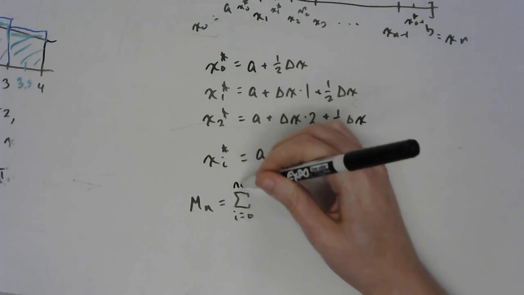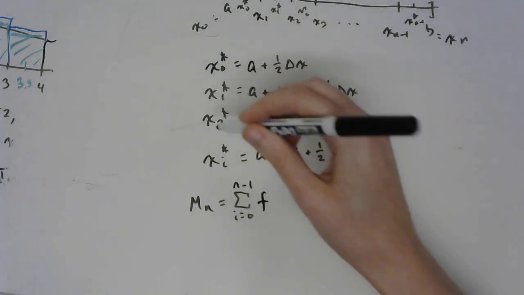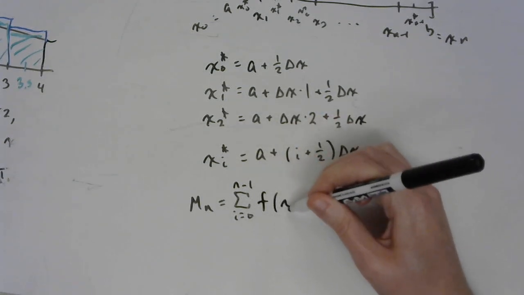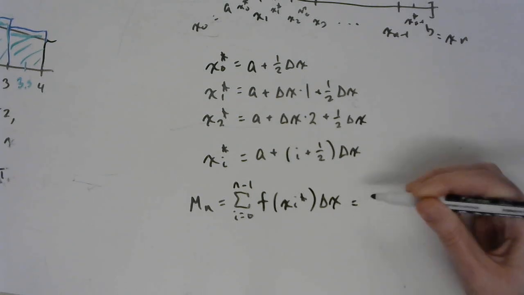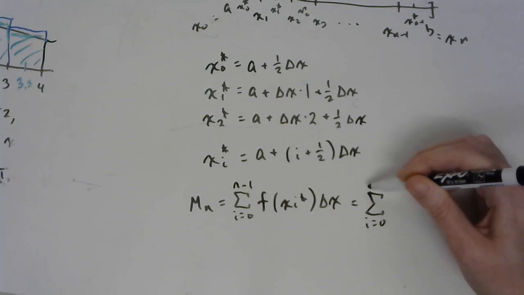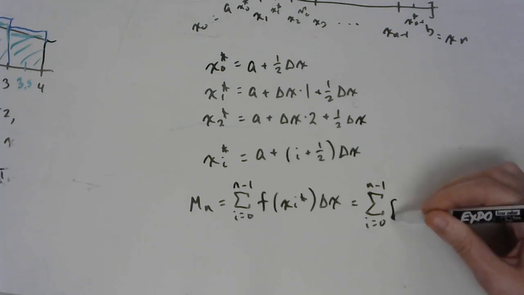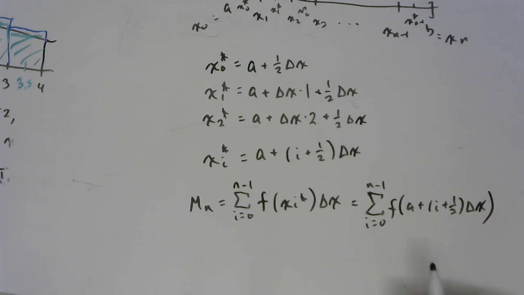So I'm going to stop at n minus 1 here, and then substitute in all of my x sub i stars times delta x. If I want to write down what my x sub i stars are, this is going to look like the sum from i equals 0 to n minus 1 of f of a plus i plus 1/2 times delta x. After I plug in all of those, I would multiply by my delta x again, and that would get me my sum.